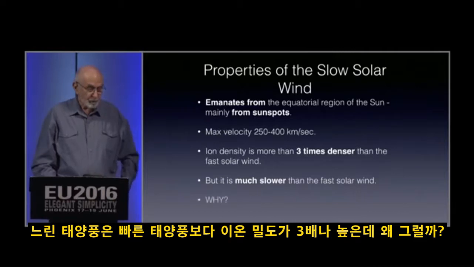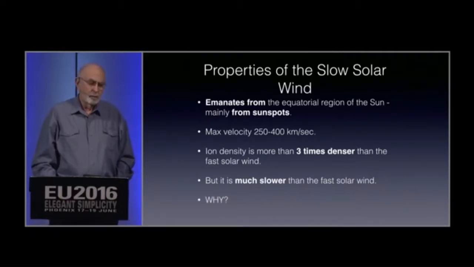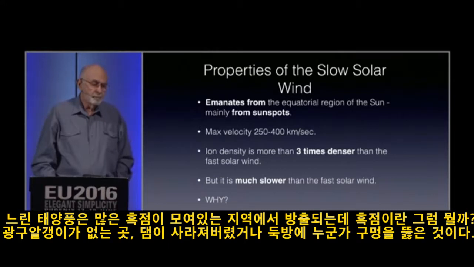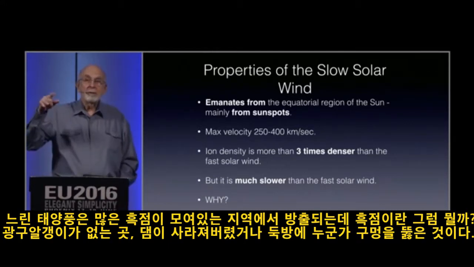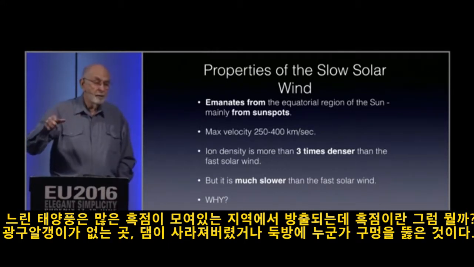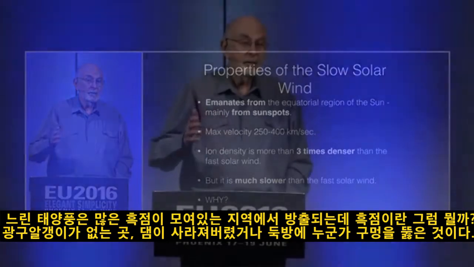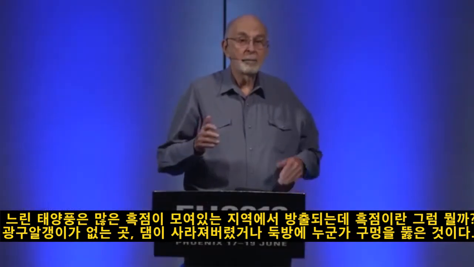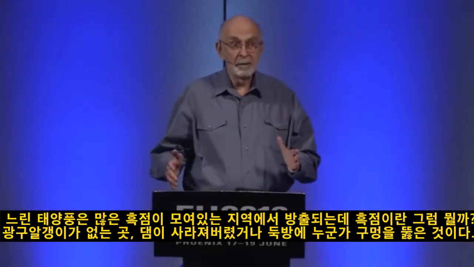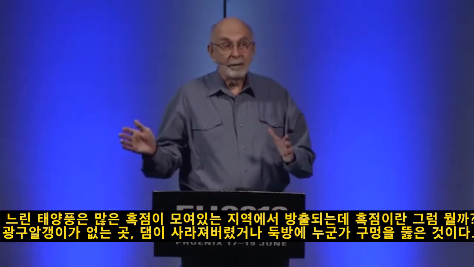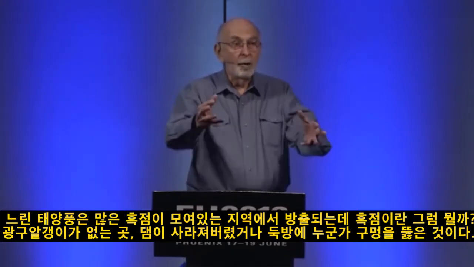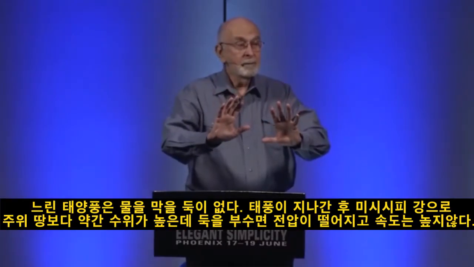So again, the question is why? Well, is there an analogy for this one? Well, remember we said that the slow solar wind emanates from regions where there are lots of sunspots. What's a sunspot? A sunspot is a place where there aren't any tufts. The dam's gone. Somebody put a hole in the dike, and there's nothing to prevent the water.